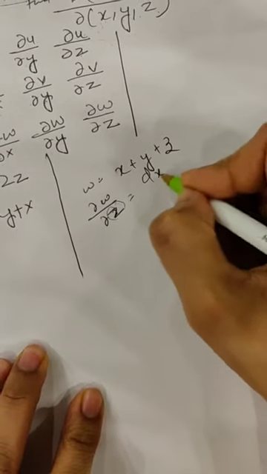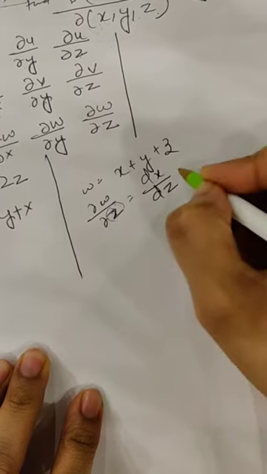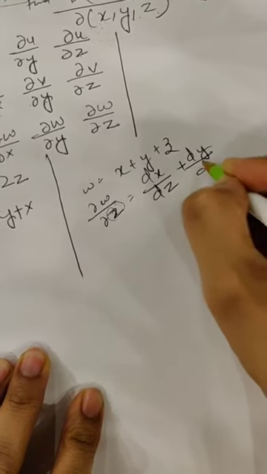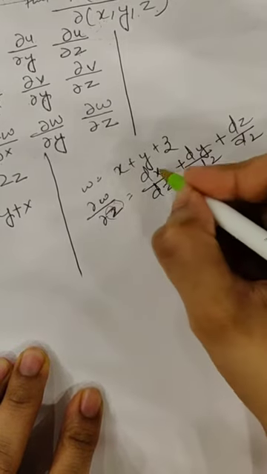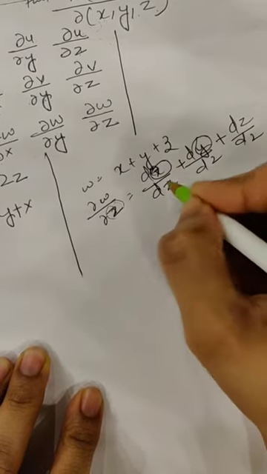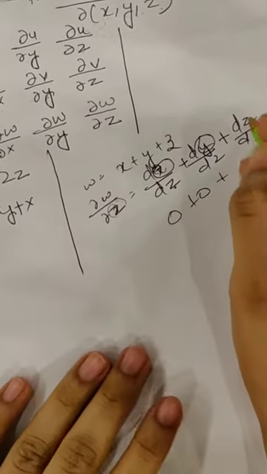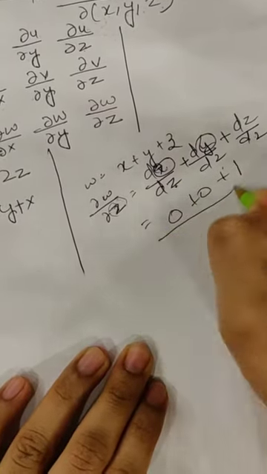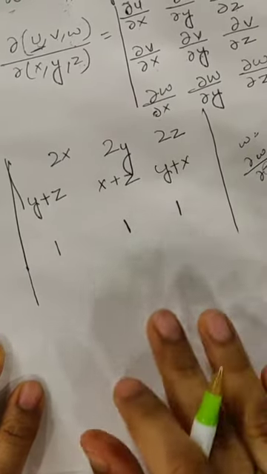So that means dx/dz, dy/dz plus dz/dz. Now x and y are constant, so differentiation of constants would be 0 plus 0, and this would be 1. So that's how the answer is 1 in all these cases. So this is also 1.